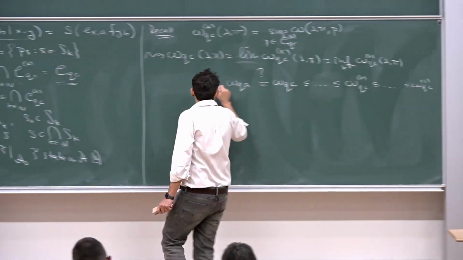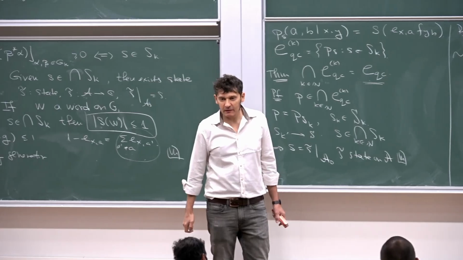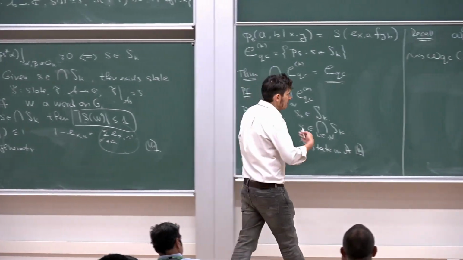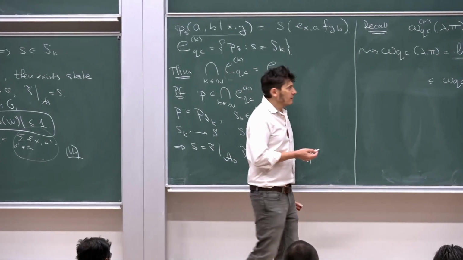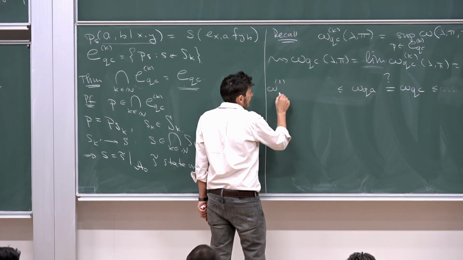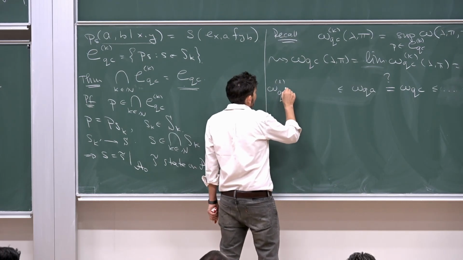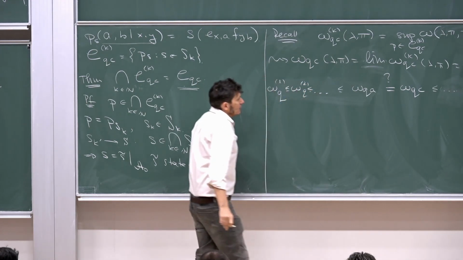And here, you can have a similar thing just by restricting the dimension of the Hilbert space where these tensor models live. So you will have a similar sequence approximating the QA value, but from below. So you will have one-dimensional ones here, then two-dimensional ones, and so on.